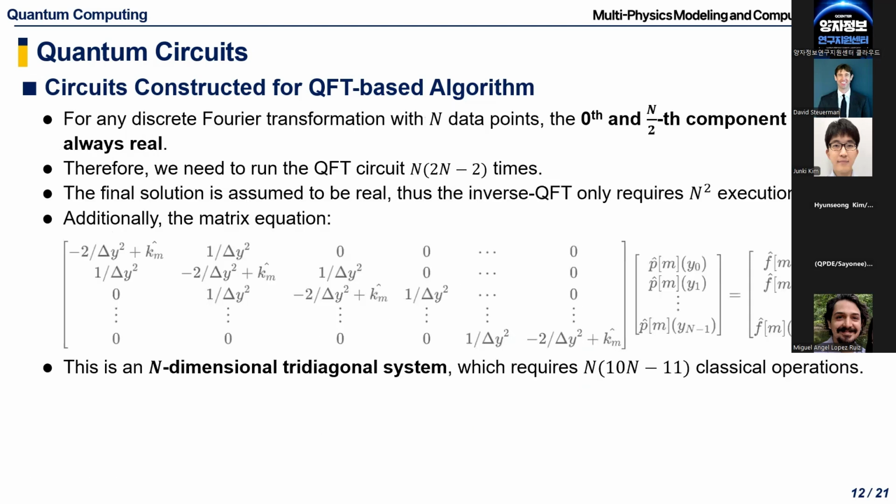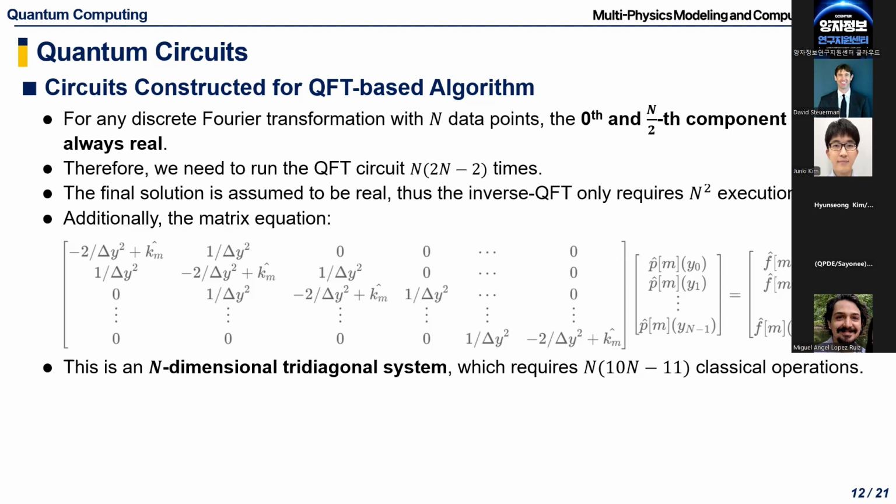And for any Fourier transformation, the 0 and n over 2 coefficients are always real. Therefore, we need to execute the QFT block n times (2n minus 2) times. So n is for each row, and 2n is n for the real components and n for the imaginary components.